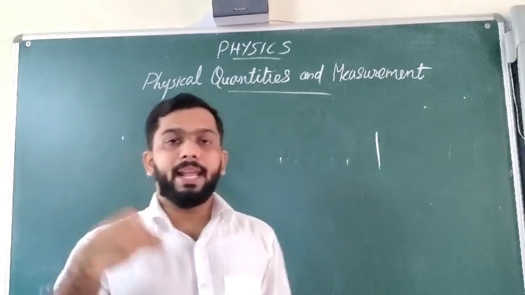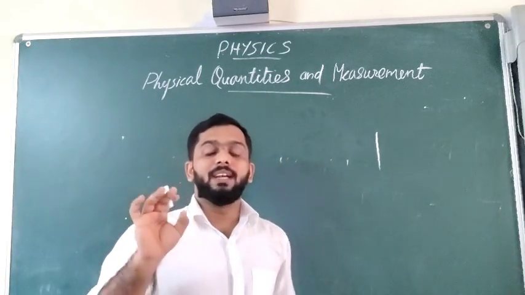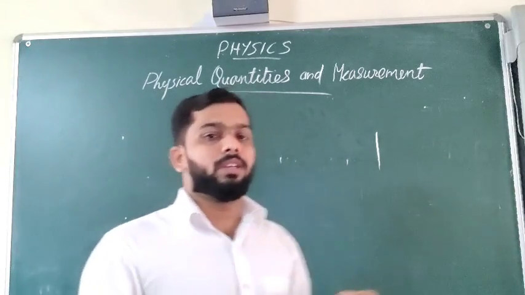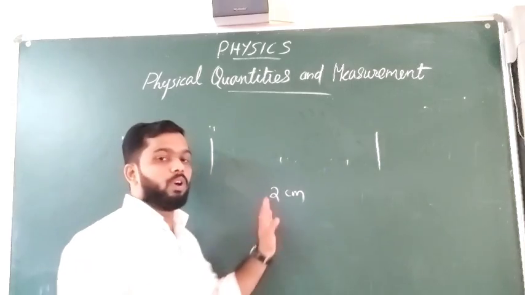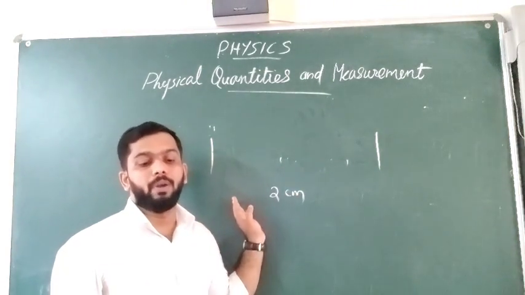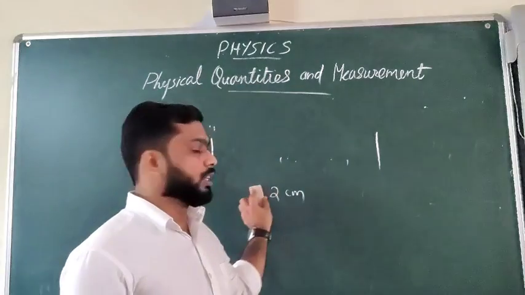When we are performing an experiment, the result is always a sharp value. If we want to get one answer as 2 centimeter, we will never go for 2.1 centimeter, or 1.9 centimeter. We will opt only for the accurate value, that is 2 centimeter.